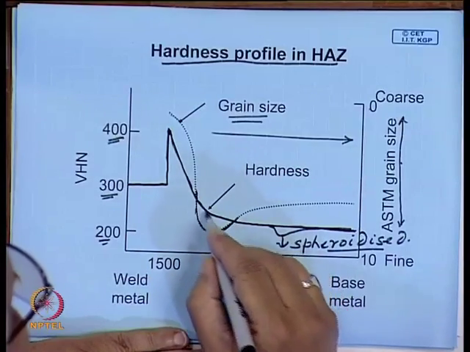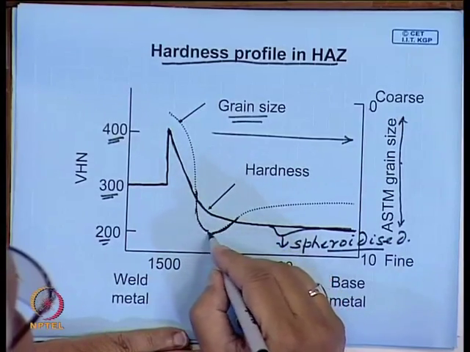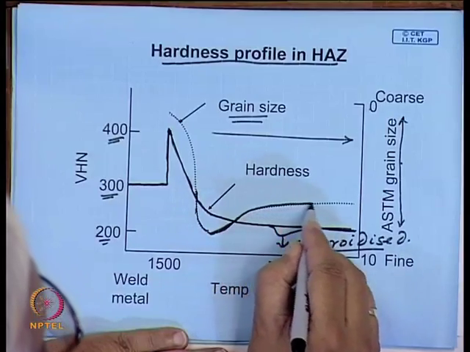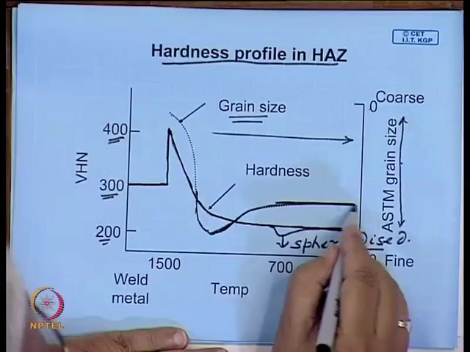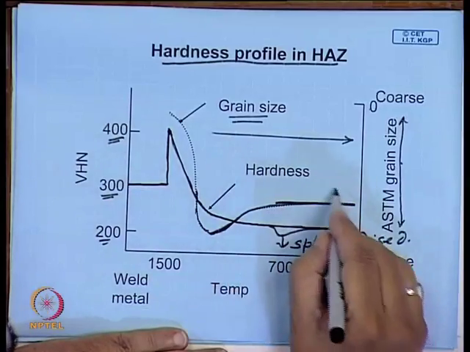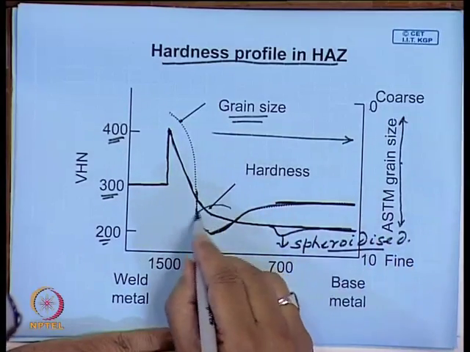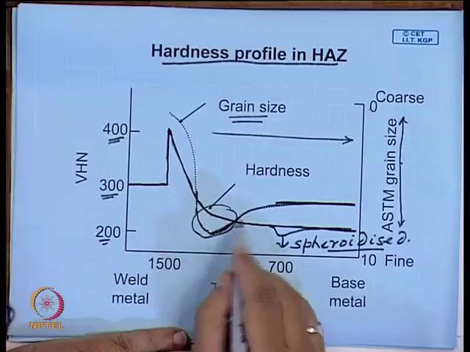So, the grains can become finer than the initial, and again it comes back, and this is that unaltered zone. This is the initial grain size. So, somewhere you also get a very fine structure.